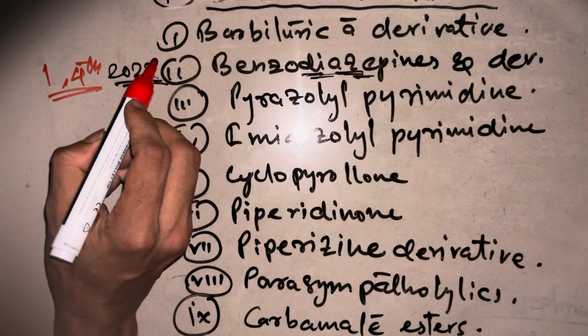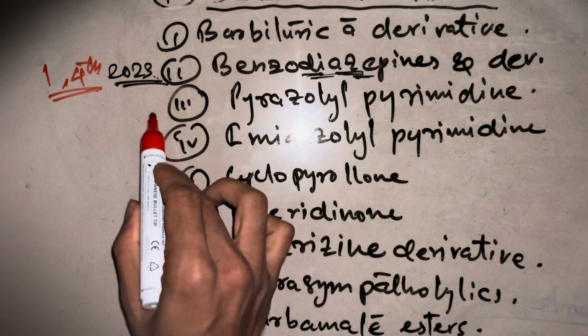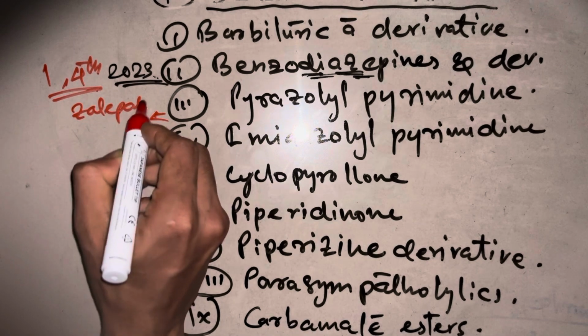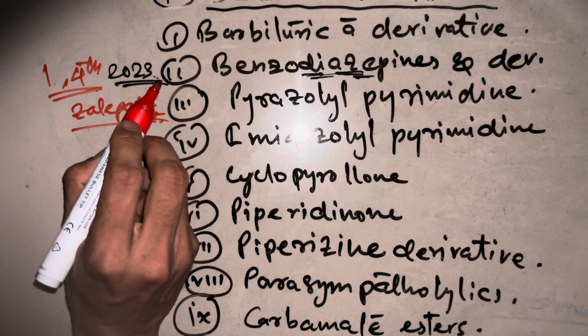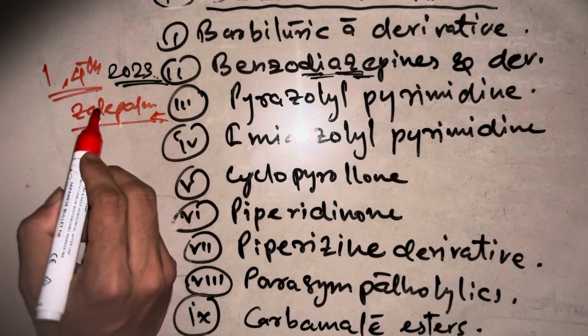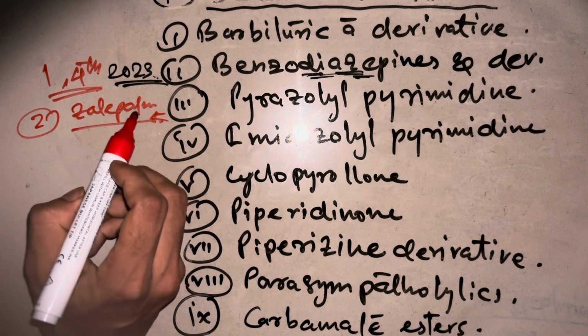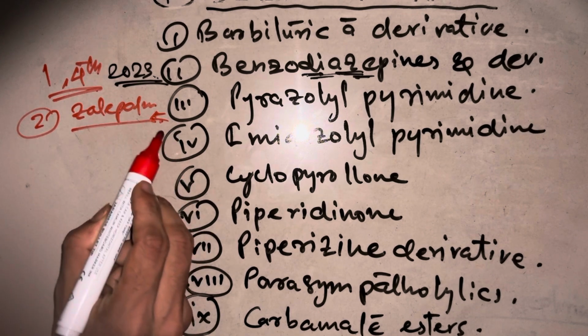Okay. Next, class 3, pyrazolopyrimidine. Example will be zaleplon. In this, one pyrazole ring and one pyrimidine ring will be present. Two rings will be there. Pyrazole ring is a 5-membered ring and pyrimidine ring is a 6-membered ring.